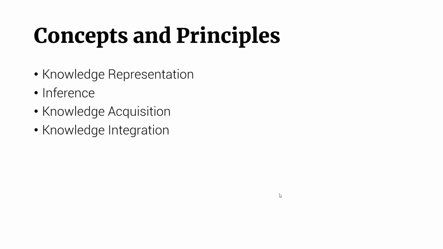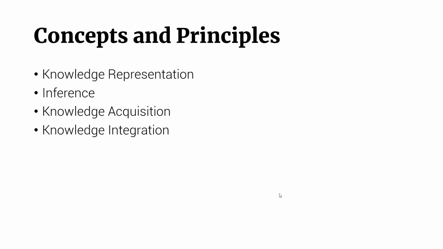Okay, that's inference. The third one is knowledge acquisition. Knowledge acquisition, okay, methods for acquiring knowledge from data, from experts or external sources to enrich the knowledge base, from the word acquisition, acquiring of knowledge from various sources. Okay. Last one is knowledge integration. When we say knowledge integration, integrating diverse sources of knowledge to build comprehensive models of the world.